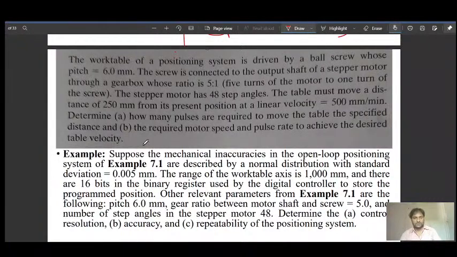So first we need to find out the control resolution value.